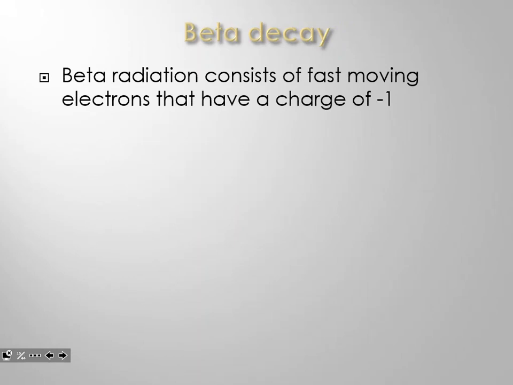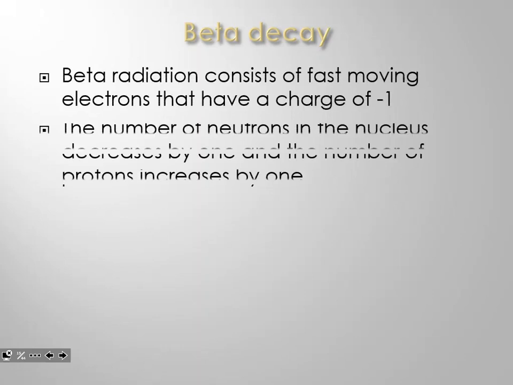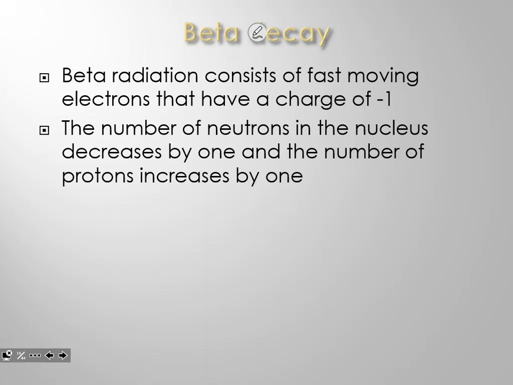Beta decay. Beta radiation consists of beta particles. Beta particles have a charge of -1 because they are a high-speed electron that shoots off the nucleus. The thing to note about beta decay is that a transformation occurs in the nucleus. You have 1 neutron in the nucleus.